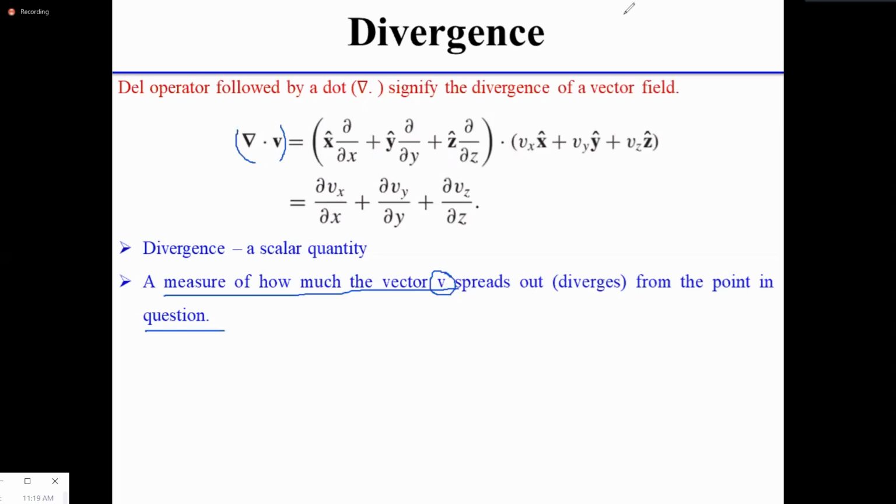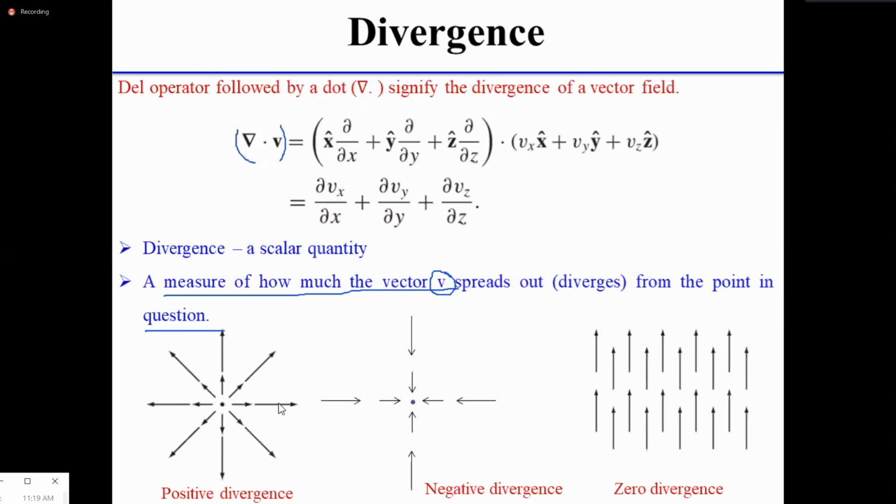Okay, so for example, I have these functions here, like the function shown in the first diagram on the leftmost side. You can see that this function is represented with the help of these arrows. So it is obviously a vector function, and it is increasing in the radially outward direction.